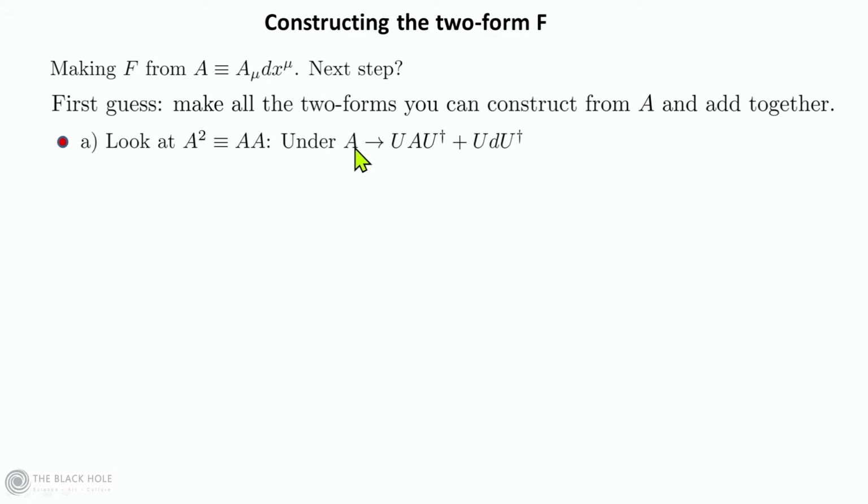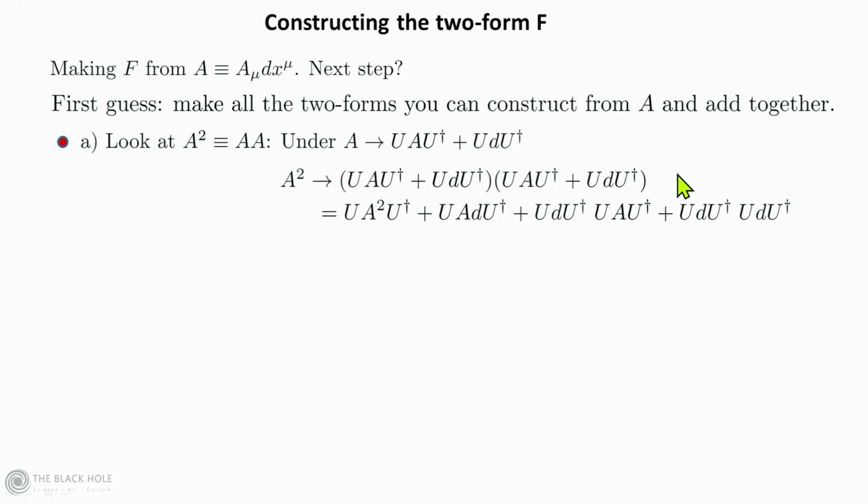All right, then when A becomes this, then this is a no-brainer. A squared becomes A into A. I've transformed both of them equally. Okay, so now let's start multiplying them together. So U A U dagger, U A U dagger.